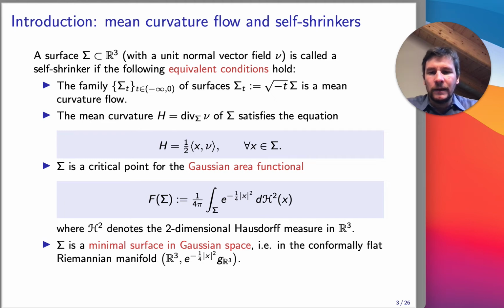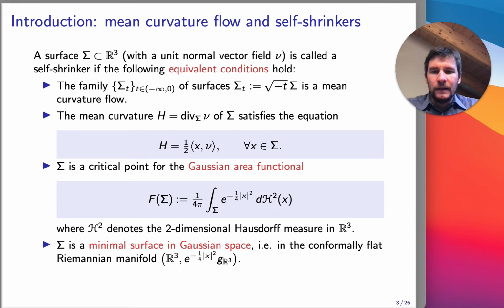So it's e to the minus 1/4 x squared. And this is a conformal deformation of Euclidean space. And it's a space that has some nice properties. So in particular, some of the minimal surface theory still applies to this space, but it also has some bad properties. It is incomplete, and it has curvatures going to minus infinity as you approach spatial infinity.